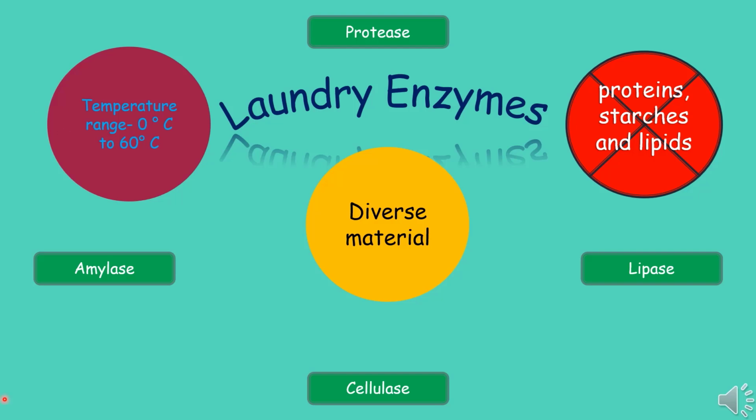As a consequential benefit, consumers can freely choose a larger range of clothes with diverse material, as lower temperature laundry conditions allow more delicate material like wool and silk that are easily affected when placed into a high temperature environment.